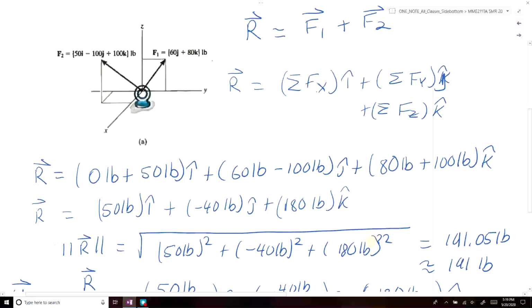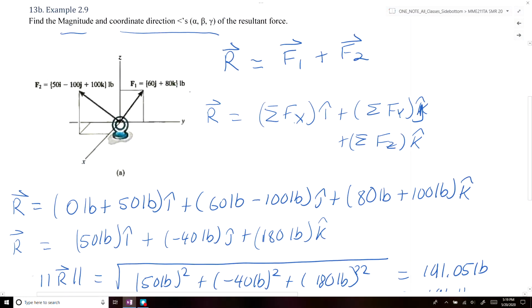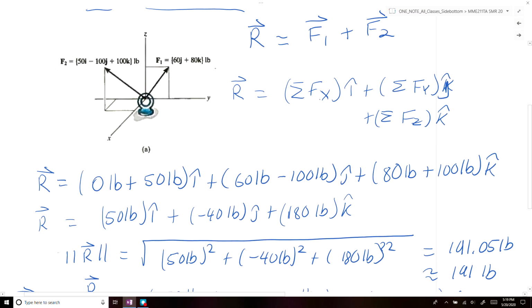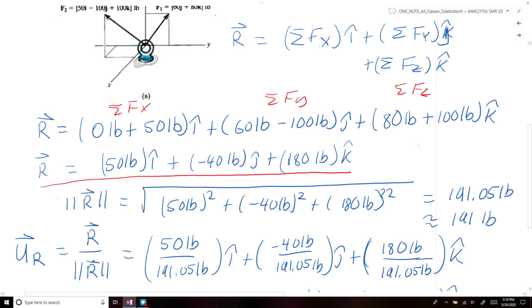All right. So just to wrap up this problem, or to summarize what we did, we first summed all the components of our forces in x, y, and z to determine the total resultant vector in Cartesian form. Once we had our resultant vector in Cartesian form, we could determine its magnitude using the square root of the sum of the squares formula.